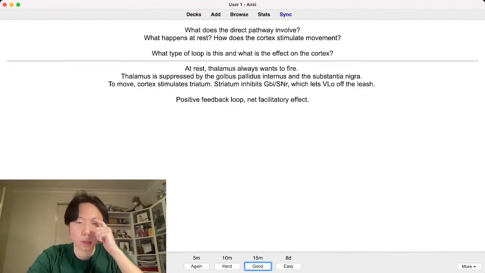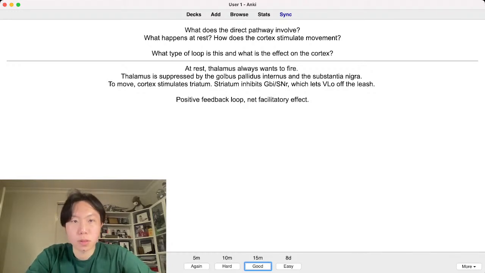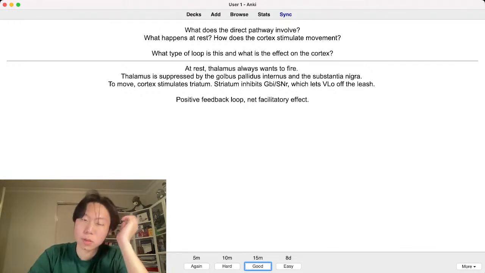How does this work? Direct pathway. At rest, the thalamus always wants to fire.